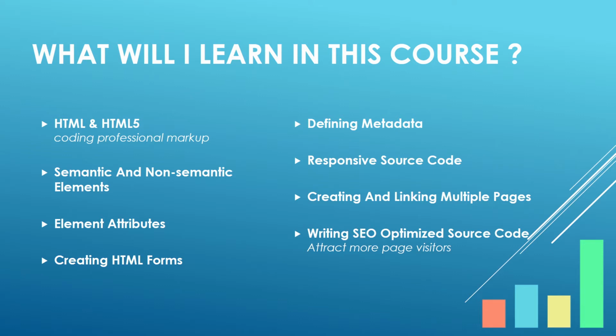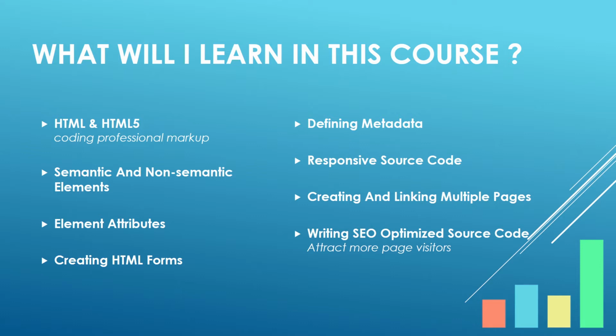This course will cover writing professional HTML and HTML5 code, semantic and non-semantic elements that every HTML developer should know, working with element attributes, creating form markup for forms such as register or login forms, and how to work with HTML5 form validation. Defining metadata in a web page, writing responsive source code that looks good on any device, creating and linking multiple pages together.